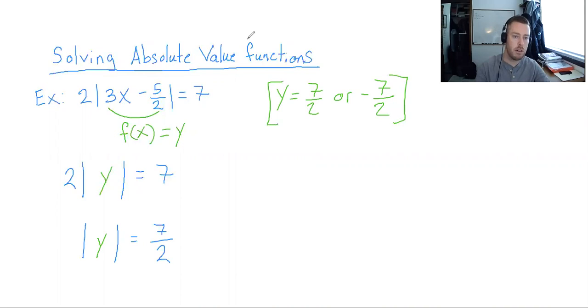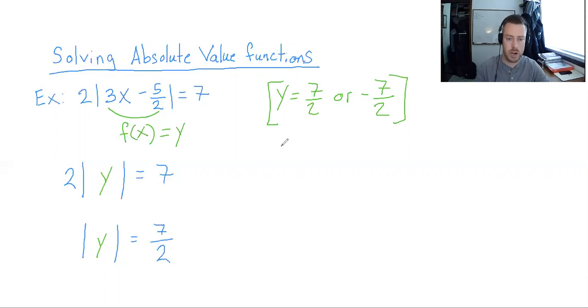So that's cool. However, we weren't asked originally to solve for y. We were asked to solve for x, right? But we do have a formula to translate y to x, because the whole expression inside the original absolute value, the 3x minus 5 halves, happens to be equal to y.